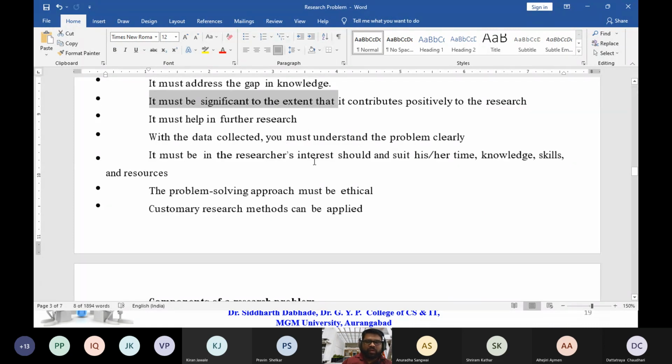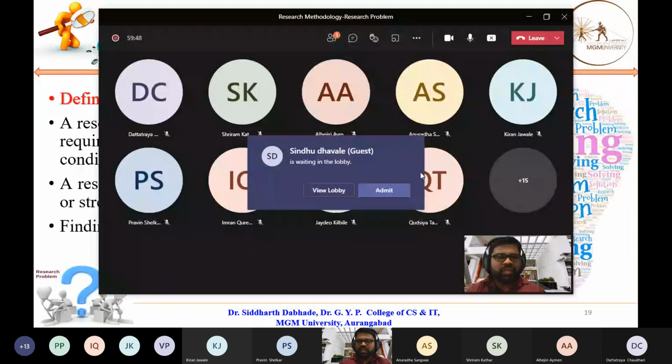For example, if an existing researcher has achieved a 90% recognition rate, your responsibility is to extend this 90% to 91%. If you achieve a 0.1% improvement in accuracy as compared to the earlier research work, that is your contribution, that is your significant work.